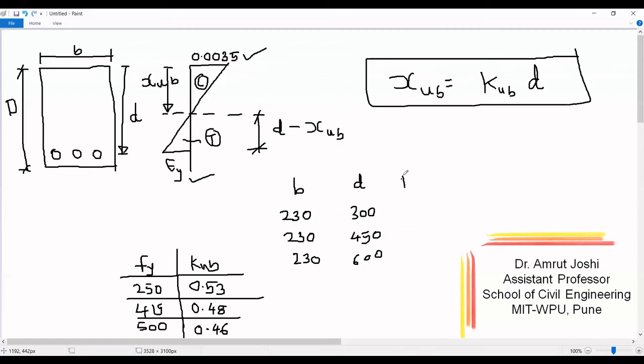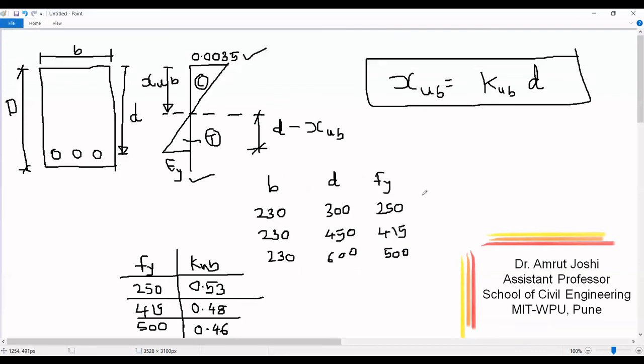Let us also list down the grade of steel, or Fy of the steel, that we are going to use in these three beams. Let us say the first beam is made of Fe 250, the second beam has steel of Fe 415, and the third beam has steel of Fe 500. The beams are to be designed as balanced sections. Where will the neutral axis lie at failure from the extreme compression fiber?